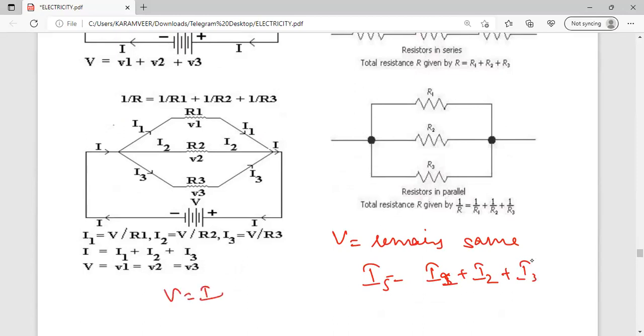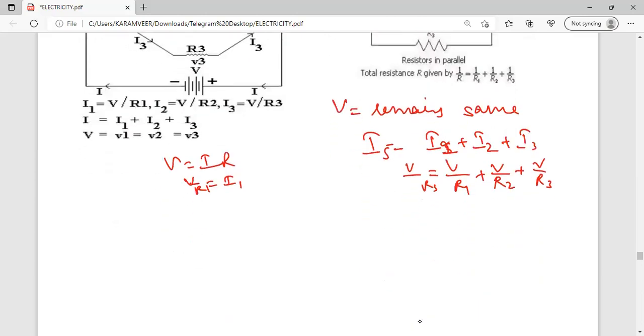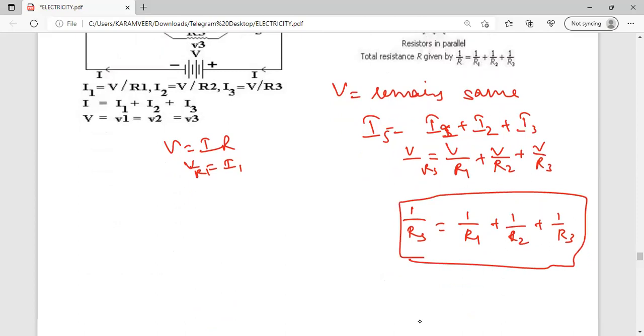V is equal to IR, so I is equal to V upon R. So I1 is equal to V upon R1. So V upon R1 plus V upon R2 plus V upon R3 is equal to V upon Rs. V will cancel out. So 1 upon Rs is equal to 1 upon R1 plus 1 upon R2 plus 1 upon R3. That is resistors in parallel.